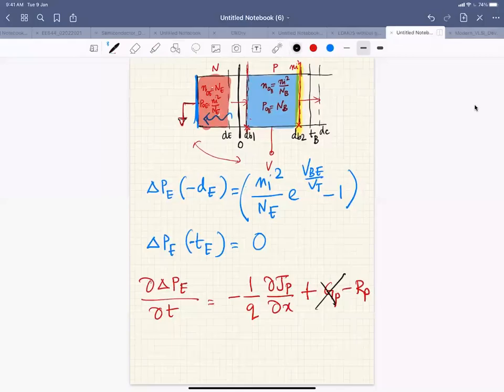In the steady state, I could write 0 equals minus 1 by q del jp by del x. Again, I am assuming that this component is less than that. So let's say this is x1, this is x2. Again, I am assuming that x1 is less than x2, right? So the dynamics is mostly happening because of injected holes. The recombination, because some holes are recombined, is less, assuming that it is less compared to the injected holes. So you have this equation: 0 equals minus 1 by q del jp by del x.